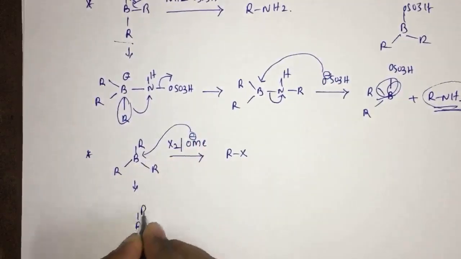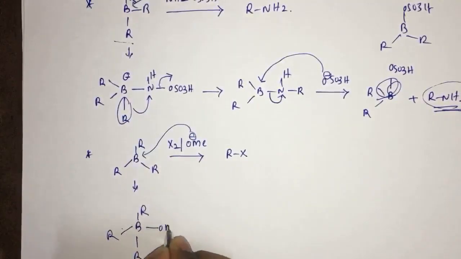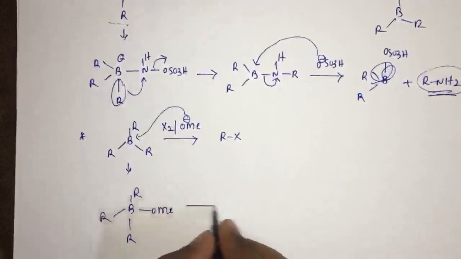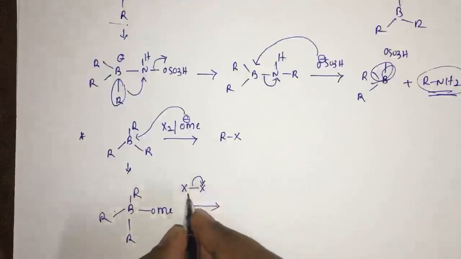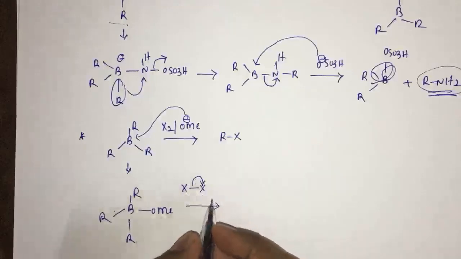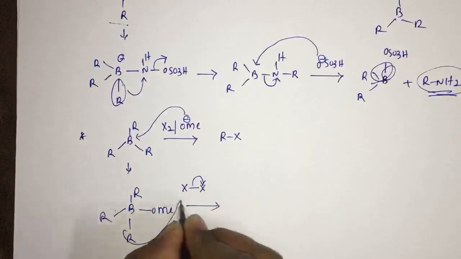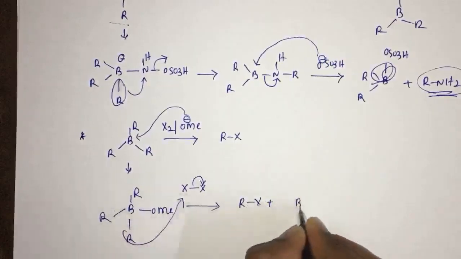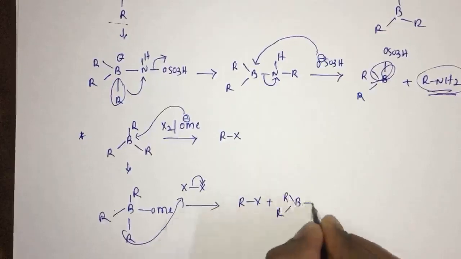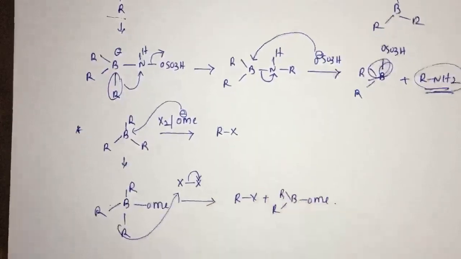We have B, R, OMe. Now here X2 will become X minus. This X minus takes one alkyl group, so that we'll get RX plus B, R, OMe.